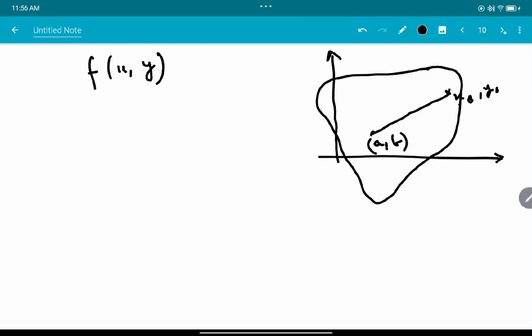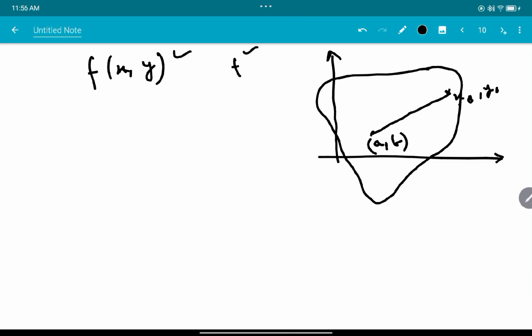Since we have been dealing with one coordinate functions, that experience is with us, so we would like to convert this case of two variables into a single variable case. That is possible. How is that possible? We use another variable, a third variable. Instead of x, y, we use a third variable, say t.